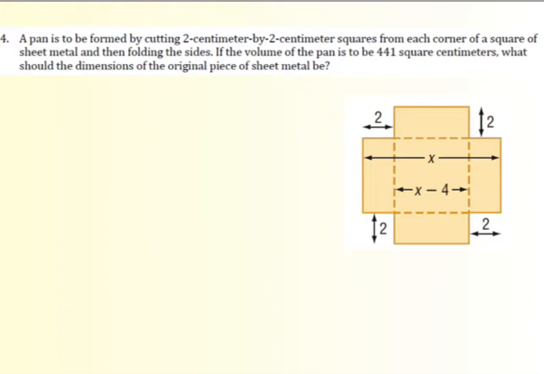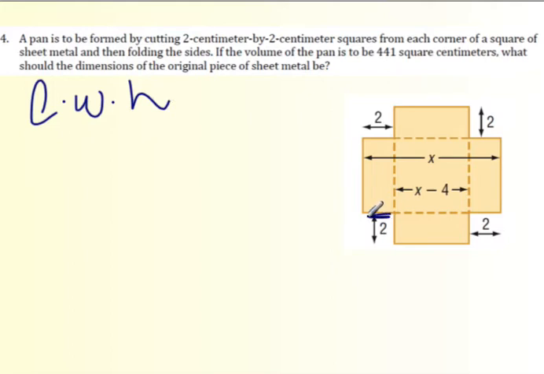It says a pan is to be formed by cutting 2 by 2 centimeter squares from each corner, and the sheet metal is folded into sides. If the volume of the pan is to be 444 square centimeters, what should the dimensions of the original piece be? The first thing we want to do is calculate the volume, and volume is length times width times height.